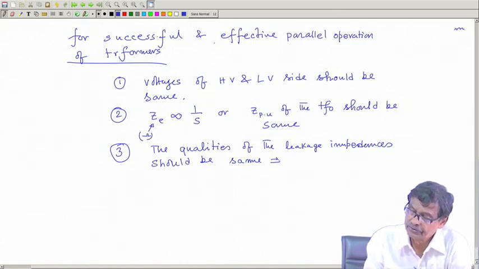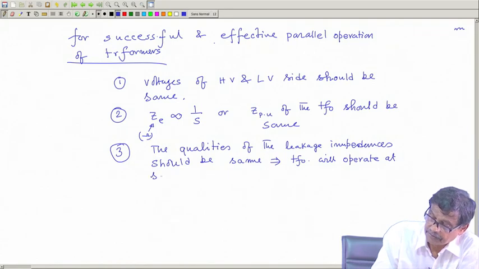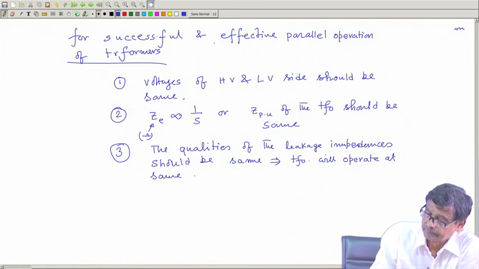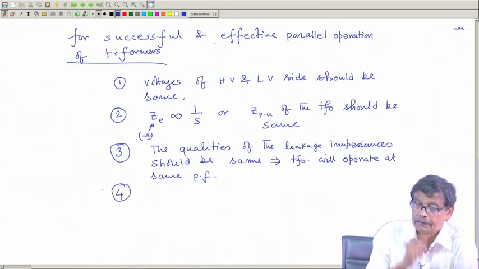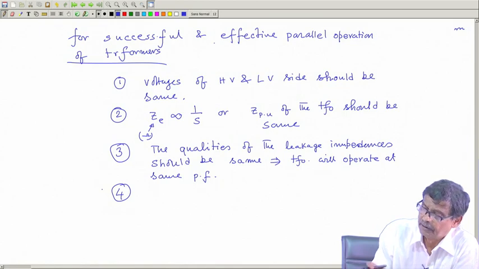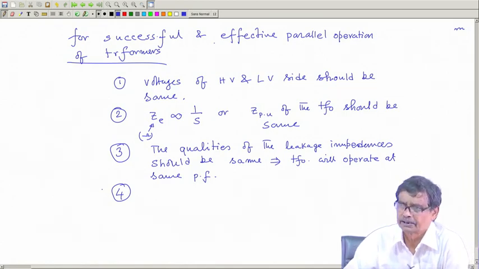This will ensure transformers will operate at same power factor. Of course, this I have not listed with due regard to polarities you have to connect, otherwise what.